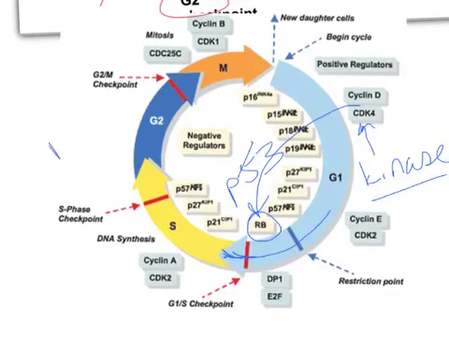You may have heard of BRCA1 and 2, the breast cancer related genes. Those are all tumor suppressors that work to regulate this progression. Questions on cell cycle progression and inhibition?